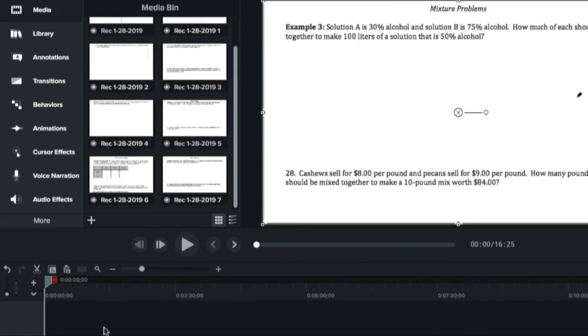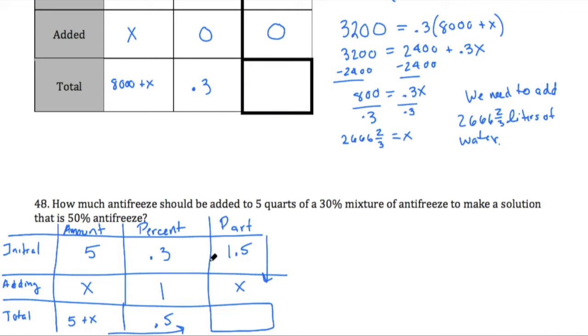We would multiply amount times percent for the horizontal pattern: 5 plus x times 0.5 would give us our part. We could use A for antifreeze here. Going horizontally is the 0.5 we want times 5 plus x. And vertically, we want to add the initial to the amount of the new, so the amount of antifreeze here would be 1.5 plus x.